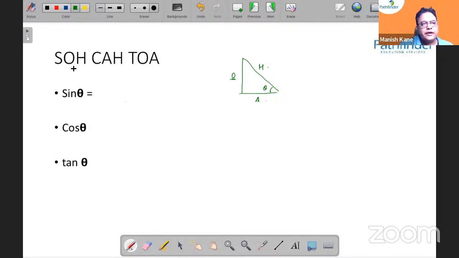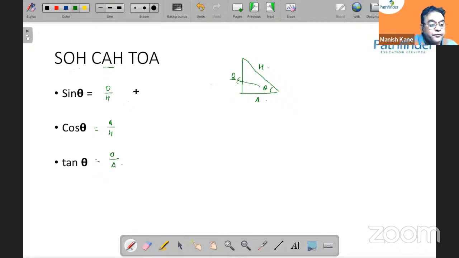So sine theta is OH, O upon H, opposite upon hypotenuse. हम इसको generally perpendicular upon hypotenuse बोलते हैं, but the correct terminology should be it is opposite to theta and hence opposite upon hypotenuse. Cos theta, AH is adjacent upon hypotenuse, and tan theta is opposite upon adjacent.